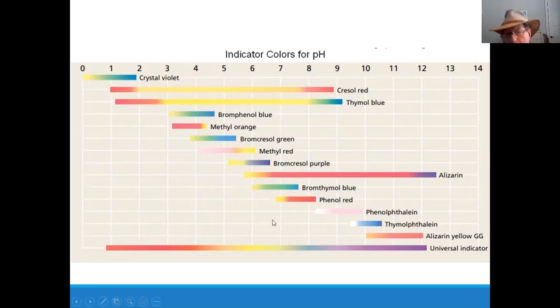Phenol red is red at about 8.3, and my alizarin stays red at maybe about 11.5. So my range is 8.3 to about 11.5.